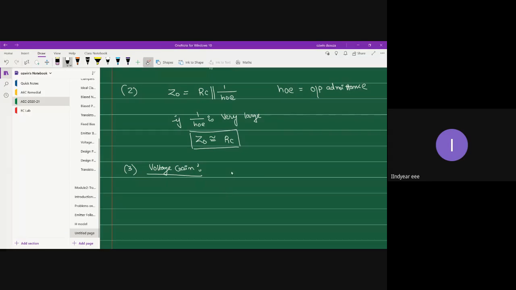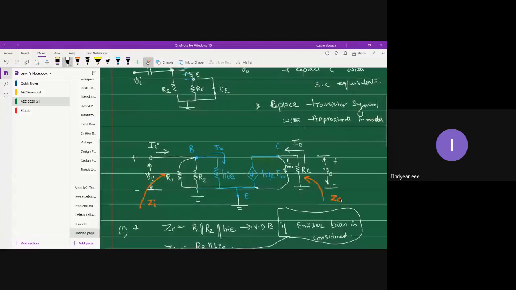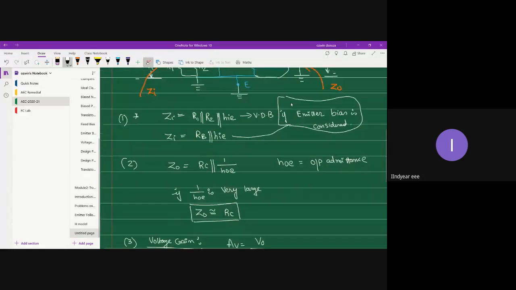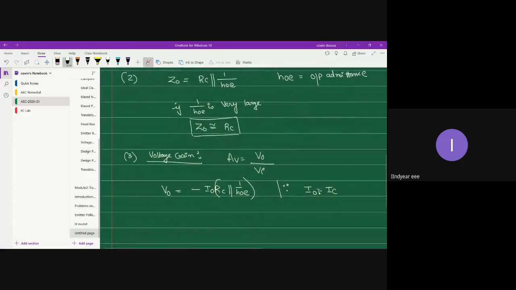Voltage gain by definition is the ratio of output voltage to input voltage, and output voltage is I naught into RC parallel with 1 over HOE. Also, I naught is basically IC, because current through 1 over HOE is negligibly small, so approximately I naught is equal to IC.